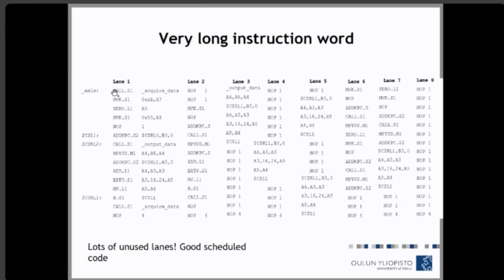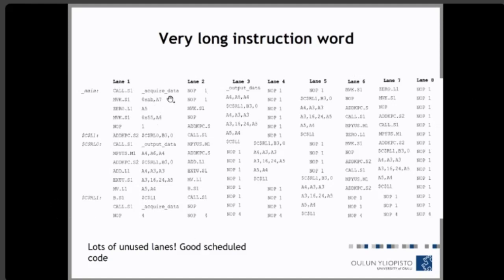Now, if we were supposed to run all of these instructions sequentially, we would have to run first this, then this, and then continue here, lane 2, lane 4. But now we run all of them in parallel.